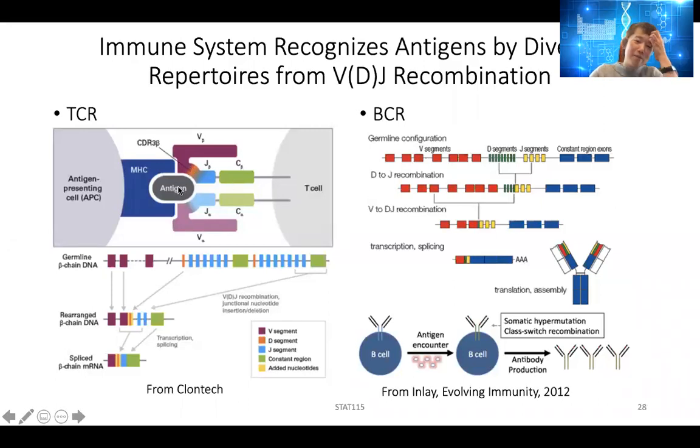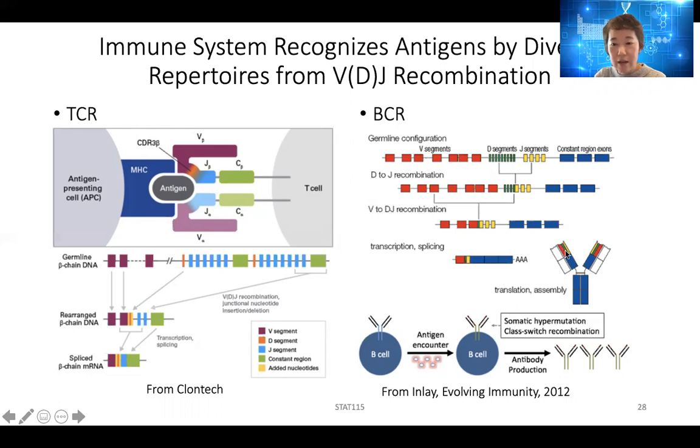And then that will present antigen, which will be recognized by the T cell receptor. The T cell receptor will recognize the antigen being presented by the antigen presenting cells. This is happening both on T cells and also on B cells. You can see here again, V, D, J. The B cells will randomly pick a V and D and J and stitch them together. And the closest VDJ will be made into this antibody sequence.